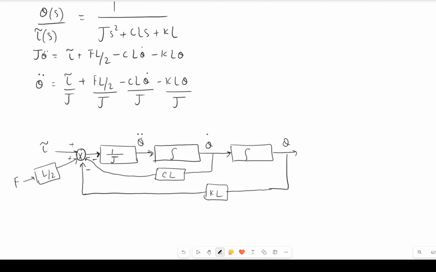So now theta double dot is equal to tau by J plus FL by 2 by J. These two are with plus. Theta dot CL by J, which is with minus, and theta KL by J with minus. So this is how we have obtained the block diagram. So we're done with part A.